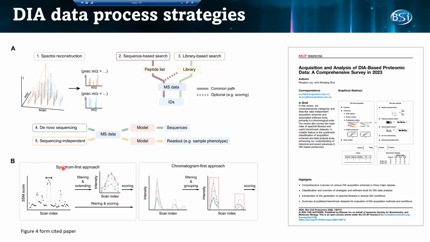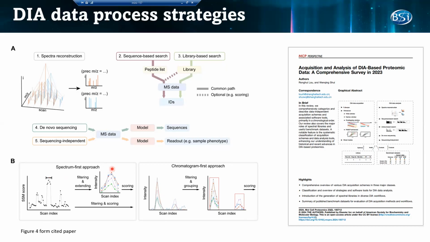The first is the spectral-centric workflow. That means we start from the MS spectra and try to generate what we call pseudo MS2 scans. Then we convert the DIA data to DDA data and do the normal database search to get the result.